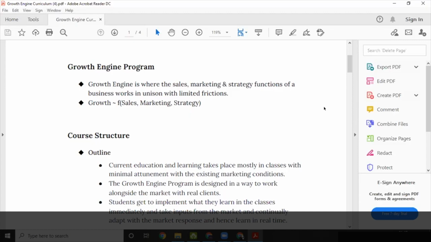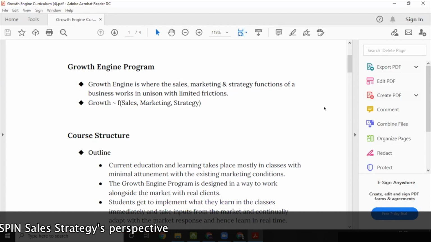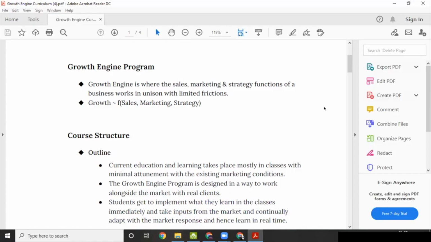From a SPIN perspective, as I mentioned earlier, SPIN is basically situation, problem, implication, and need-payoff. If we look at it from each of these perspectives, this design keeps all of those things in mind. So if we look at the situation, what the growth engine is assessing is based on the scenario, the way the situation is currently in the market, and the design helps target that kind of situation.